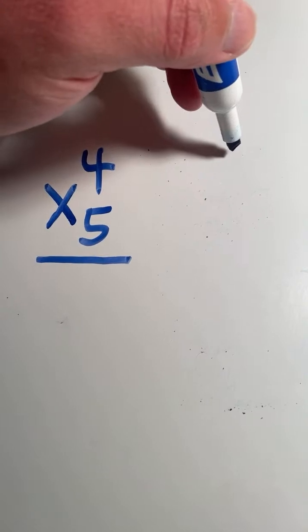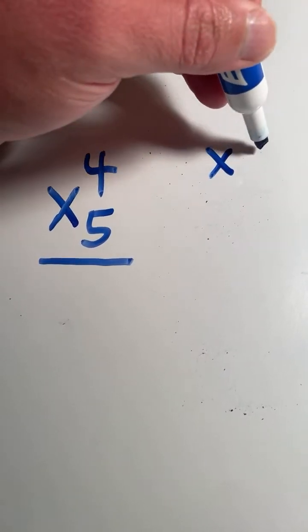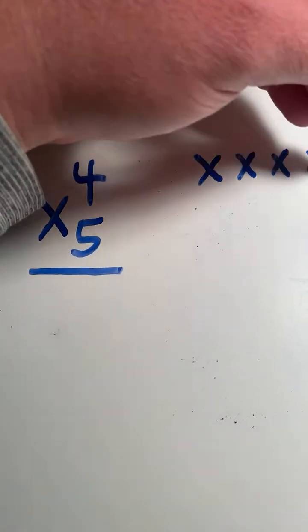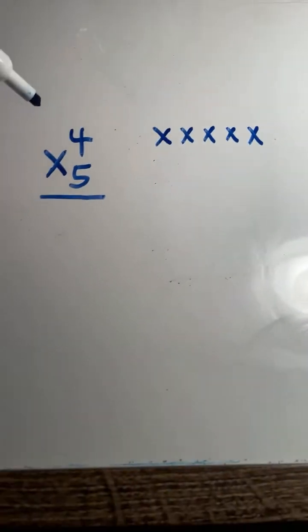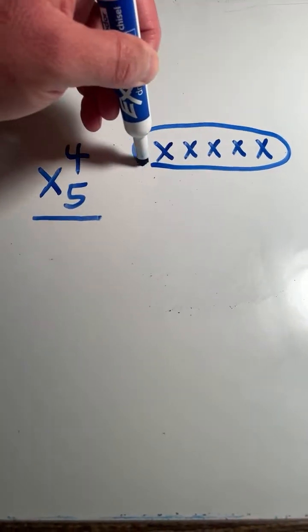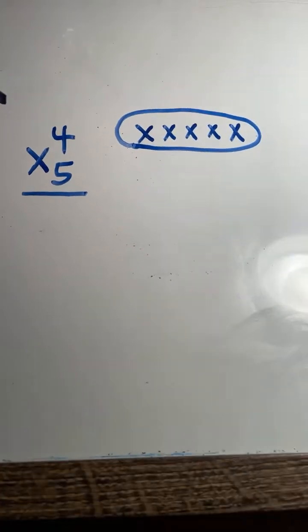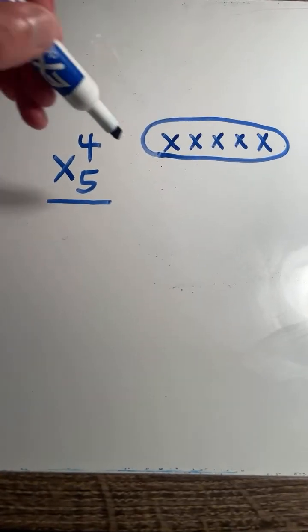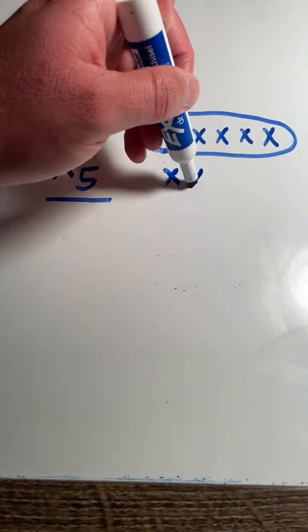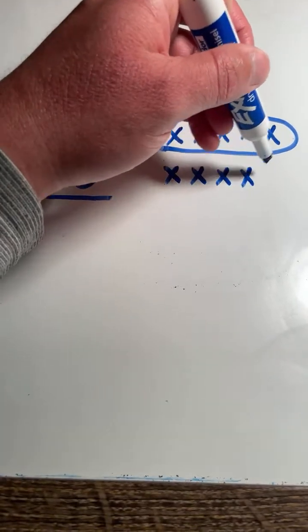So here we go. 1, 2, 3, 4, 5. So I have 1 row of 5 X's. Could even put a circle around it so it separates. 1, 2, 3, 4, 5.